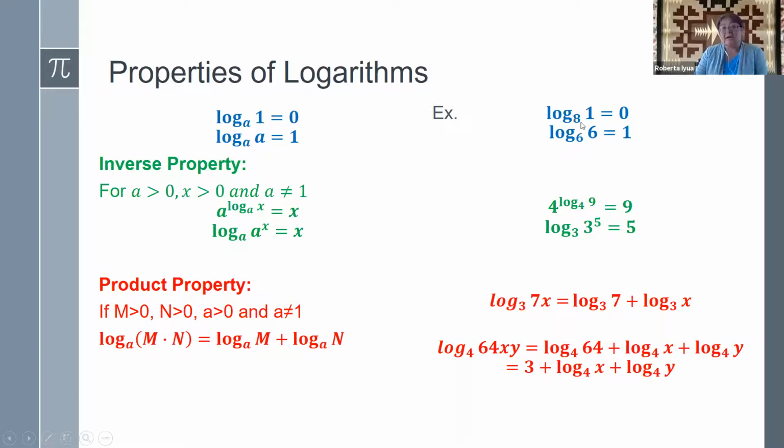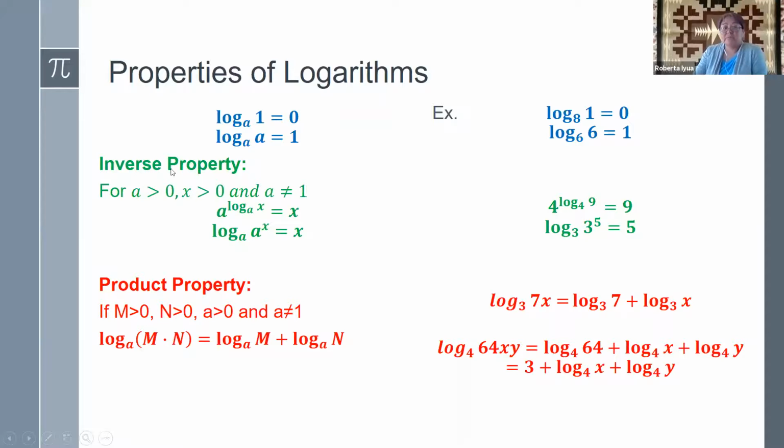Log base 8 of 1 is always 0, whatever number, term, or letters you stick in the base. And then log base 6 of 6 will always equal 1.